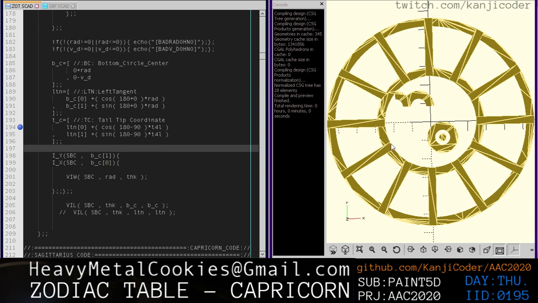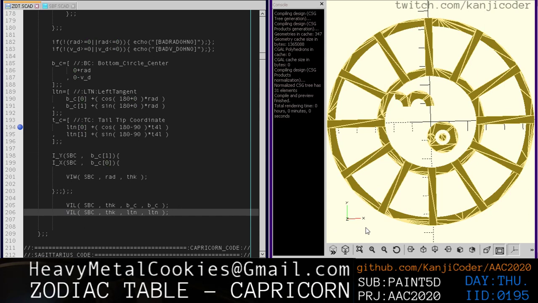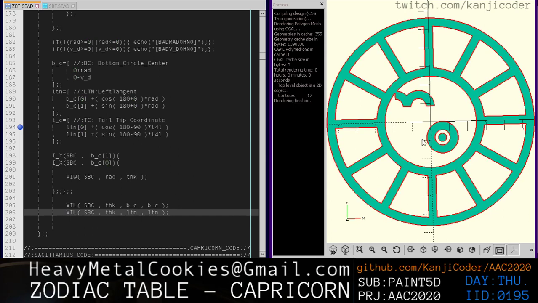Let's try that. F4. Okay, now we got a point right there. So the tangent and then the tail tip coordinate, right? So let's comment this out. Okay, so I see what I missed.